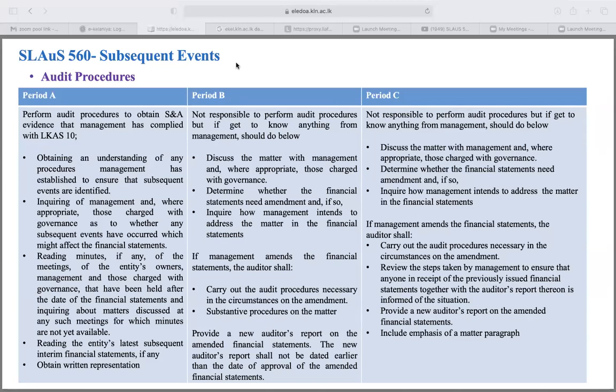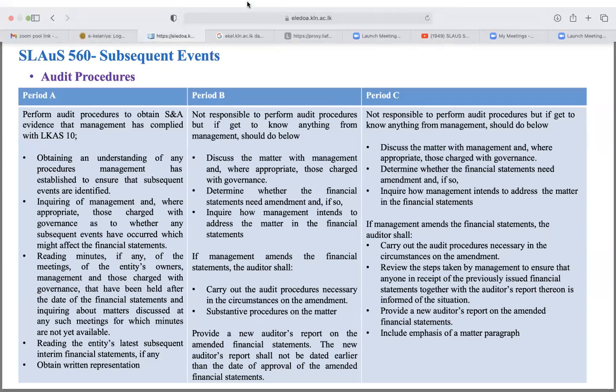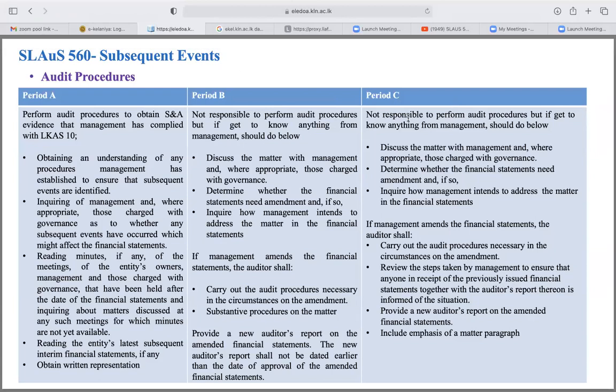Then period C. So what is the meaning of period C? Anyone? What is the meaning of period C?